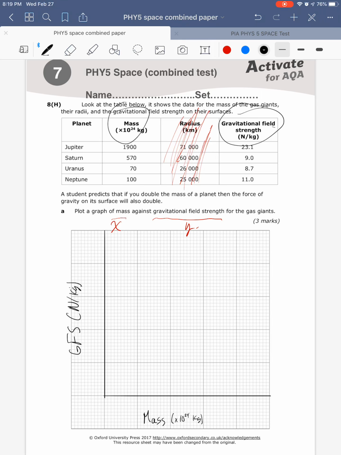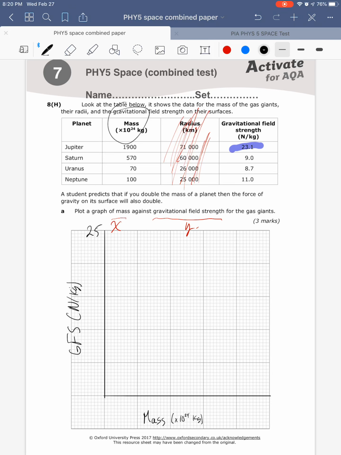Now I've got to set up my axes. I've got to think, what are the biggest numbers that I need? For gravitational field strength, the biggest number that I've got is 23.1, so my maximum value needs to be at least that big. I've got 1, 2, 3, 4, 5 big squares that I can use. That's really convenient because if I go 25 at the top, that's bigger than my 23.1, and because I've got 5 divisions, it divides really nicely.